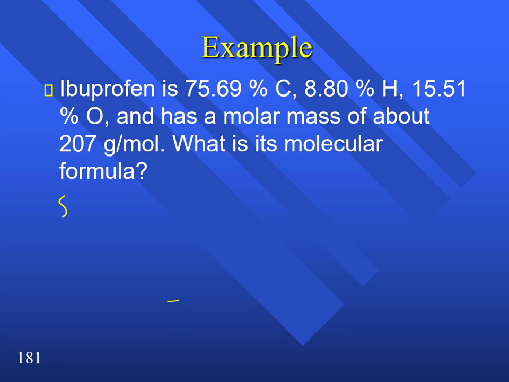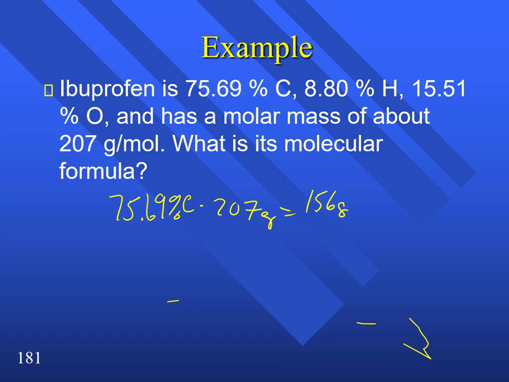It doesn't let me write in that little spot on my screen. 75.69% carbon times 207 grams, 75.69 times 207 is 157 grams of carbon.